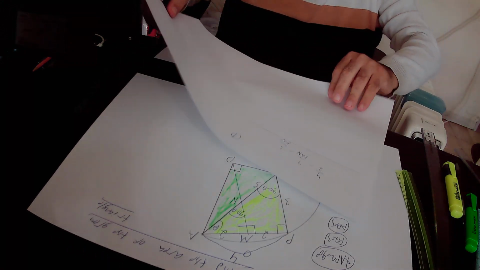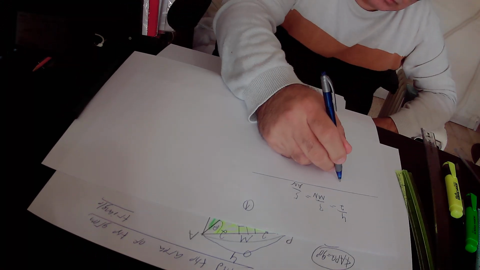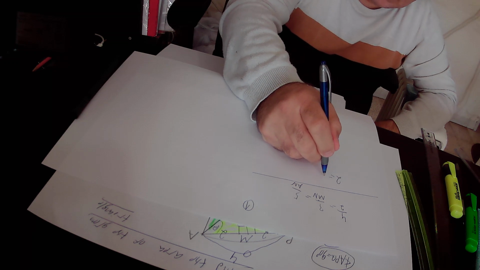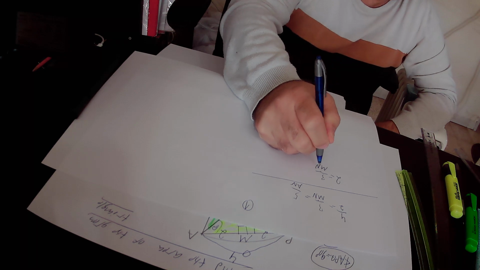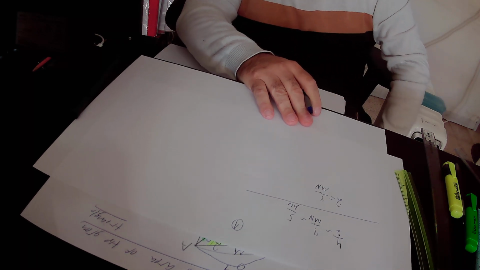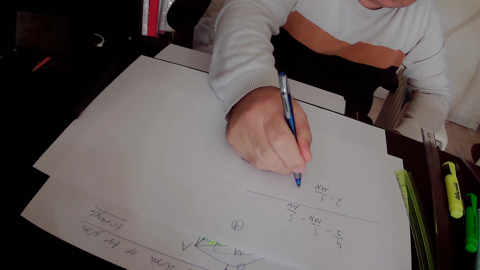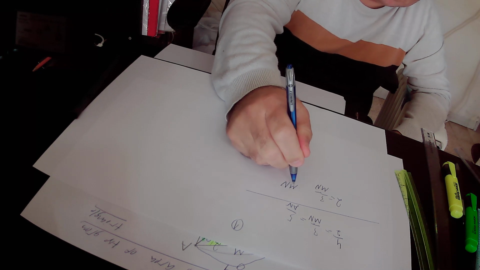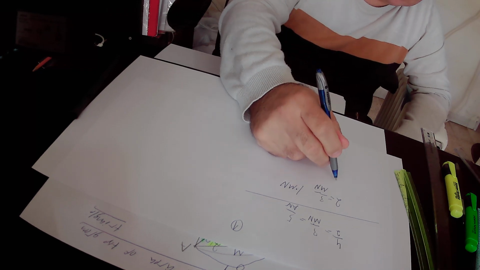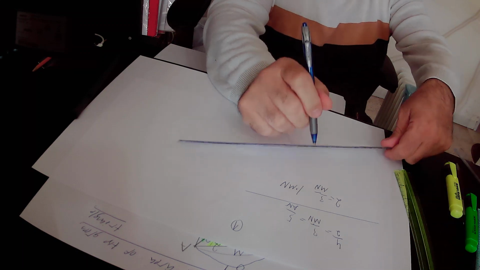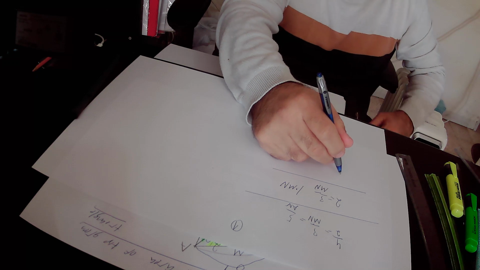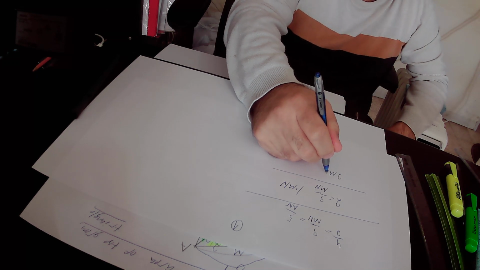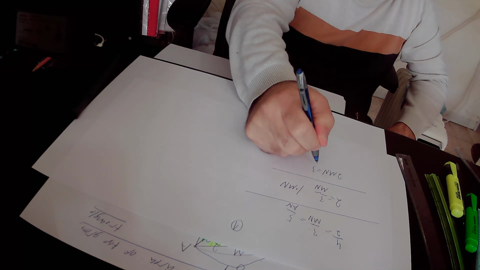So 4 over 2 is 2 and is equal to 3 over MN. Okay, so we'll multiply this equation by MN and we'll get that 2 times MN equals 3.